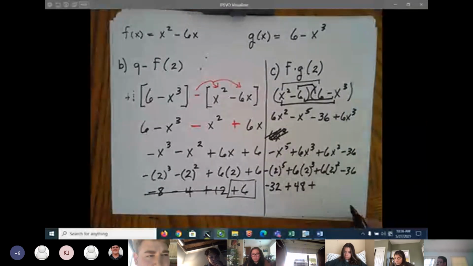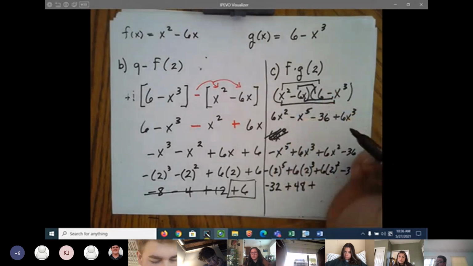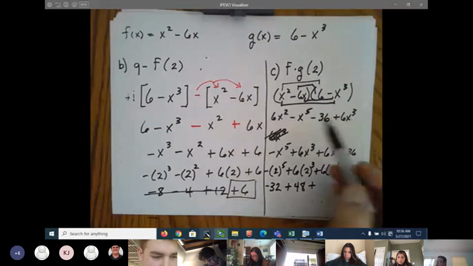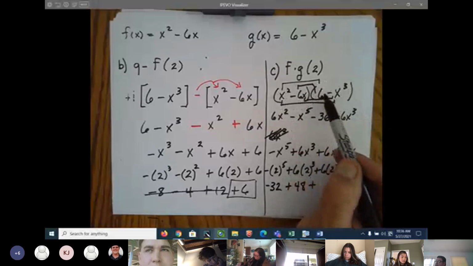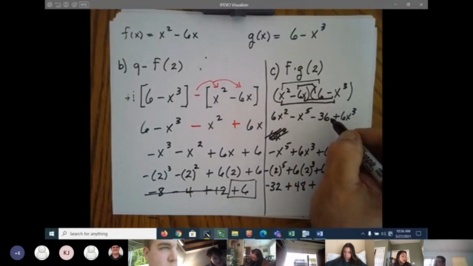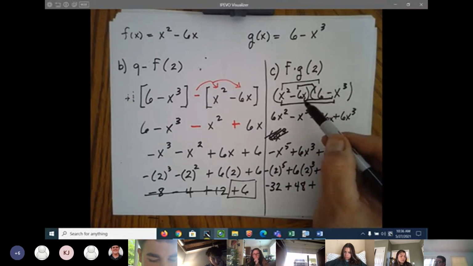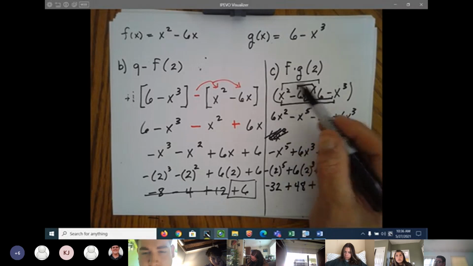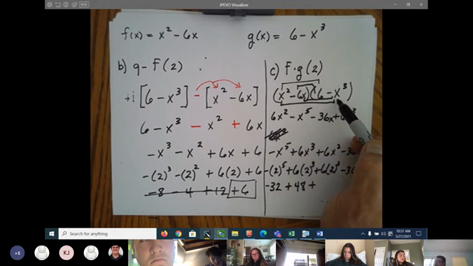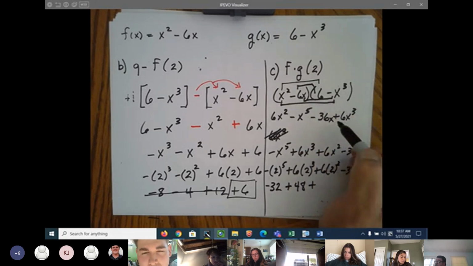Shouldn't it be x squared minus 6x at the top for f? Thank you. Okay, that changes things. X squared, that'd be 6, that'd be 36x. Okay, first outside, negative x to the 5th, that's still good. 36x, and then last, negative 6x to the 4th.